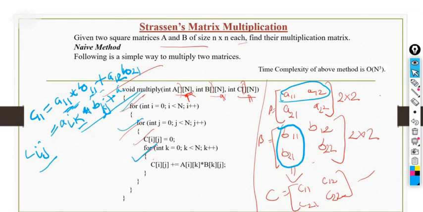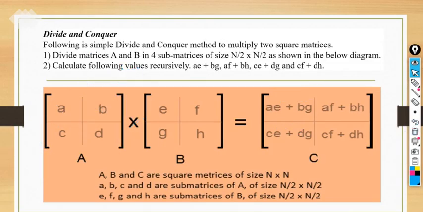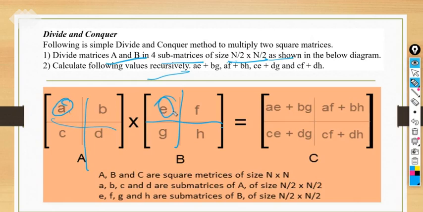The next thing we have to cover is how to solve matrix multiplication using the divide and conquer technique. The divide and conquer technique is basically to multiply two square matrices by dividing matrices A and B into four sub matrices of size n by 2 by n by 2, as shown here. Calculate the following values recursively, like this one multiplied by this, so a11 b11, right?